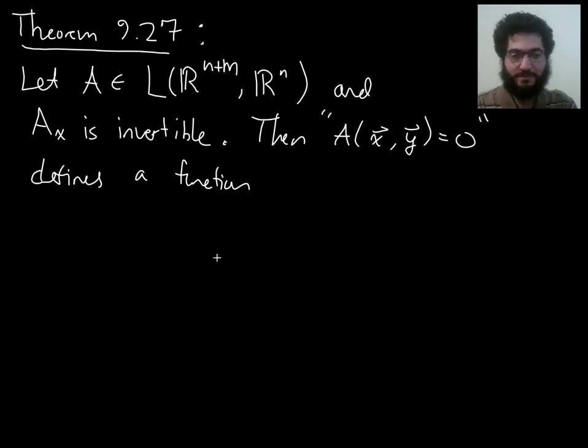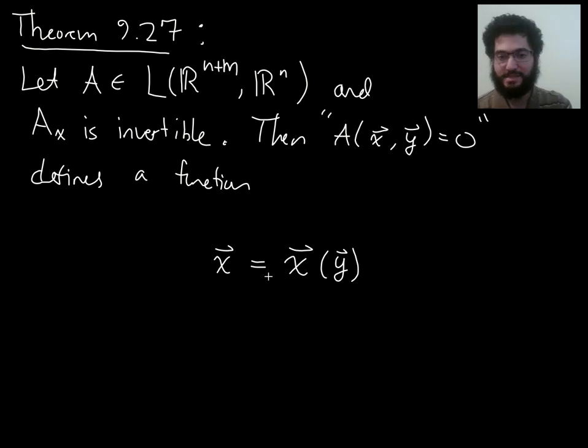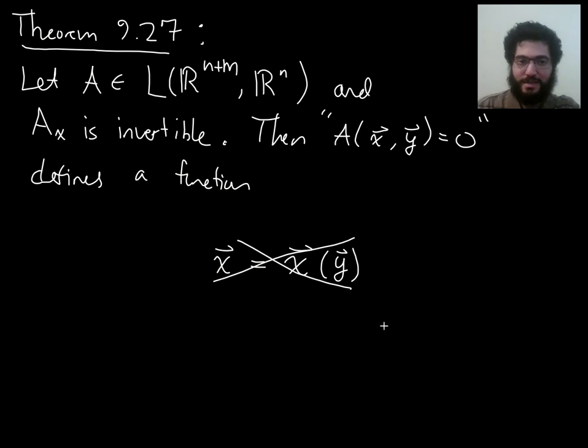Here's a way that people will often write it: they will say x is x of y, x is a function of y, x depends on y. I don't like that way of writing, especially not when I'm writing down theorems and proofs. I'd rather be a little bit more picky about whether the symbol x stands for a function or a variable.